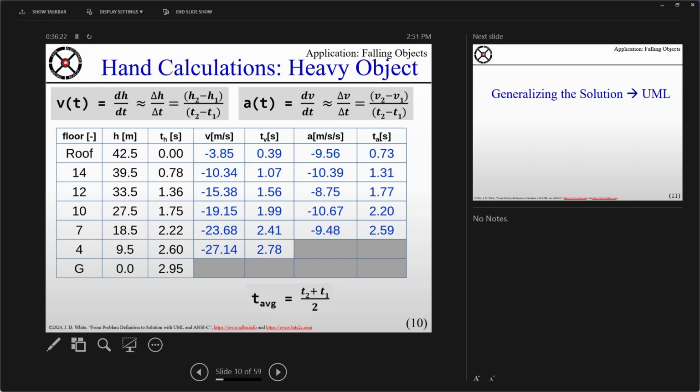So maybe D equals H2 minus H1 divided by brackets T2 minus T1. Okay.